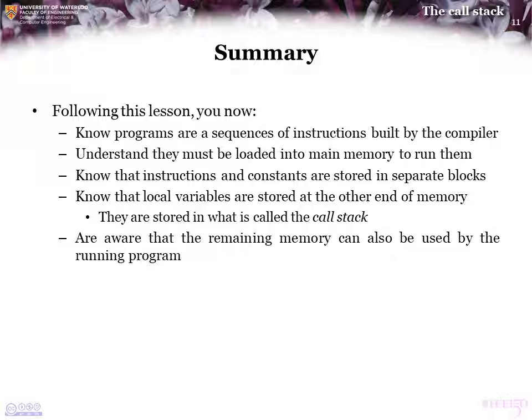You know that local variables are usually stored at the other end of main memory. They are stored in what we will call the call stack, and the reason for this name will become apparent. You are aware that the remaining memory between these three blocks can also be used by the running program, and we will see in future topics how it is.